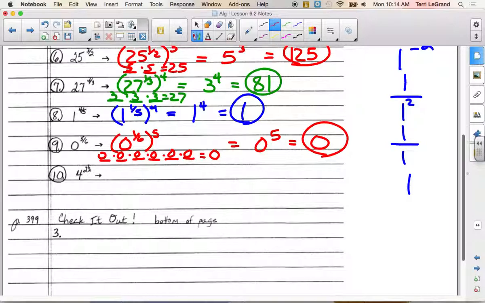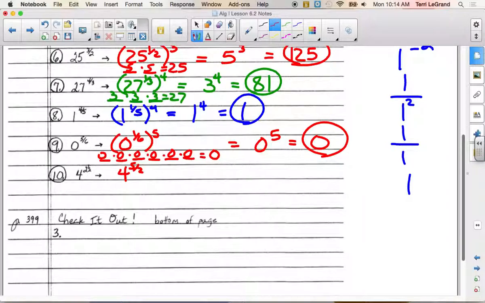4 to the 2.5 power. What in the world? Simplify. What do you mean simplify? Oh, rename 2.5. It's not really simplifying it because it's just changing it to an improper fraction. So it's really the same as 4 to the 5/2 power. We're going to revert 2.5 back to its improper fraction name.